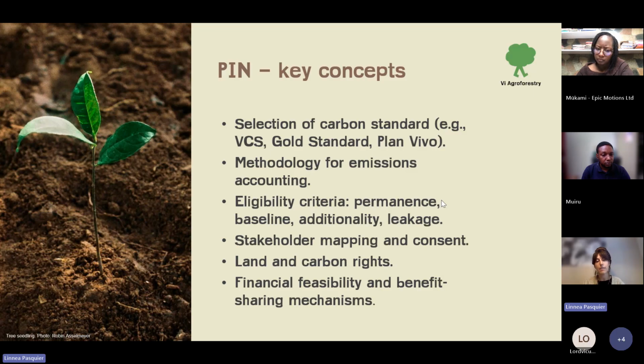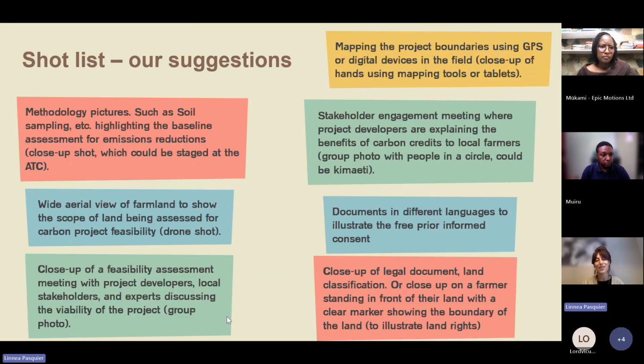Financial feasibility and benefit sharing mechanism. What is the financial model? How will the revenues be distributed to the actual project participants? And this is the biggest slide, so don't worry, they will not be this massive, but this is just some of the suggestions here then.